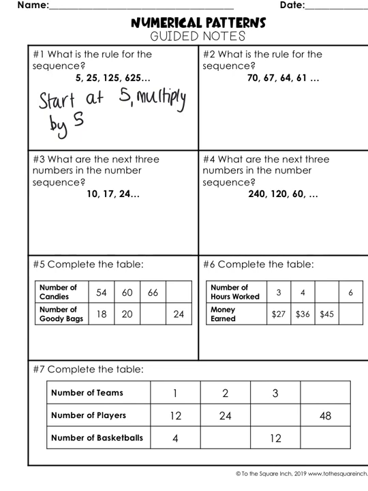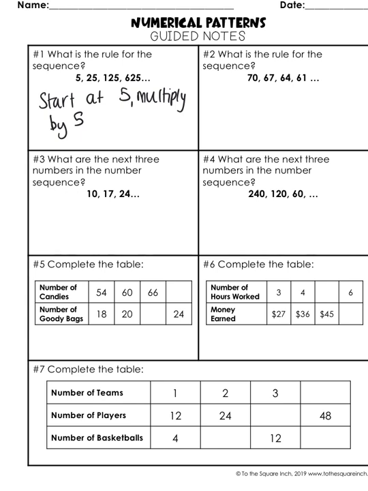Okay. Number 2, what's the rule for this sequence? I start at 70, go to 67, then 64, then 61. Okay, so I'm getting smaller. So think about it this way: if my numbers are getting bigger, then I'm either adding or multiplying, right? If my numbers are getting smaller, I'm either subtracting or dividing. I don't think anything divided by 70 gets me 67, so I'm probably subtracting here, right?